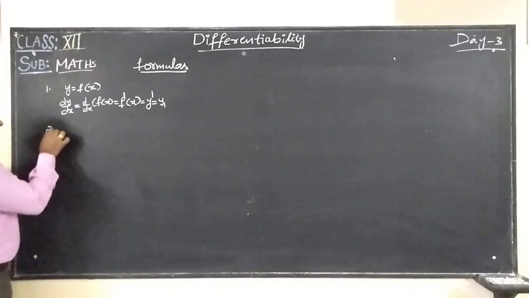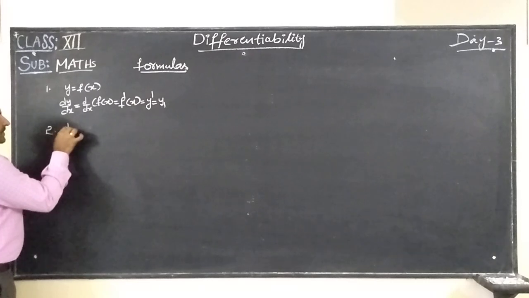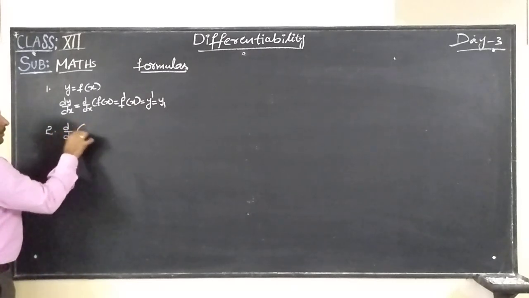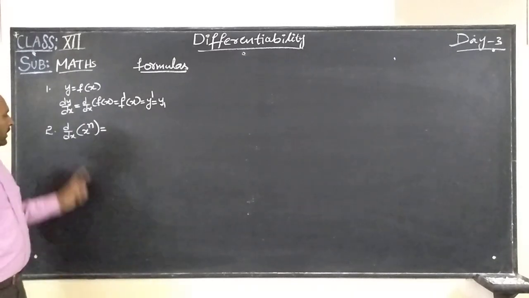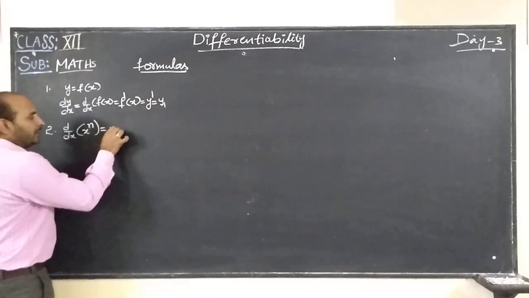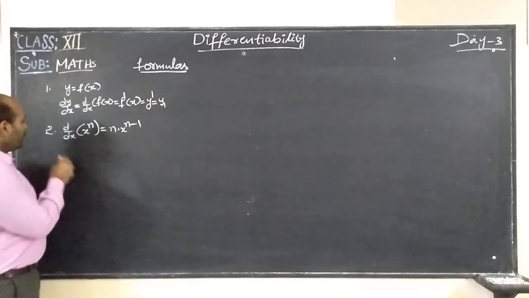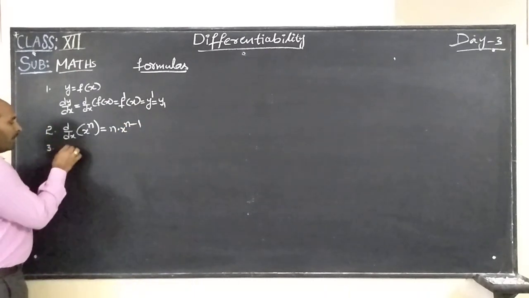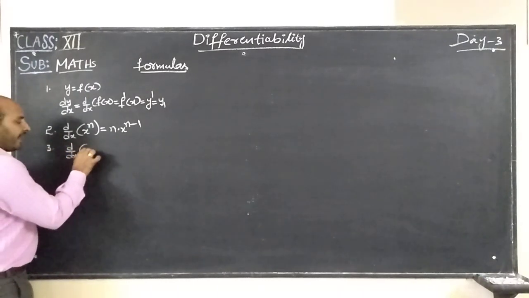Second one, d by dx of x power n. Derivative of x power n is n into x power n minus 1. Third one, d by dx of x.